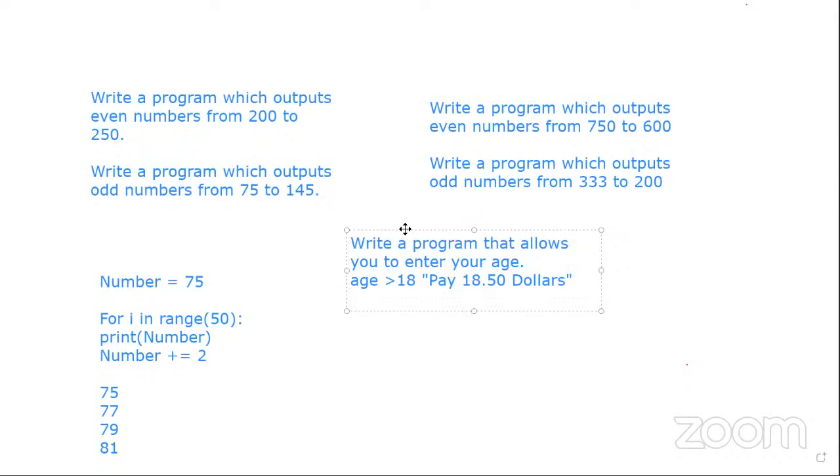Rafif, I finished both statements. All right, I'll check it just after I write down this task. Okay. So if the age is smaller than 18 and bigger than 12, so basically between the ages of 12 to 18, I want you to print a statement that says pay $12.50.